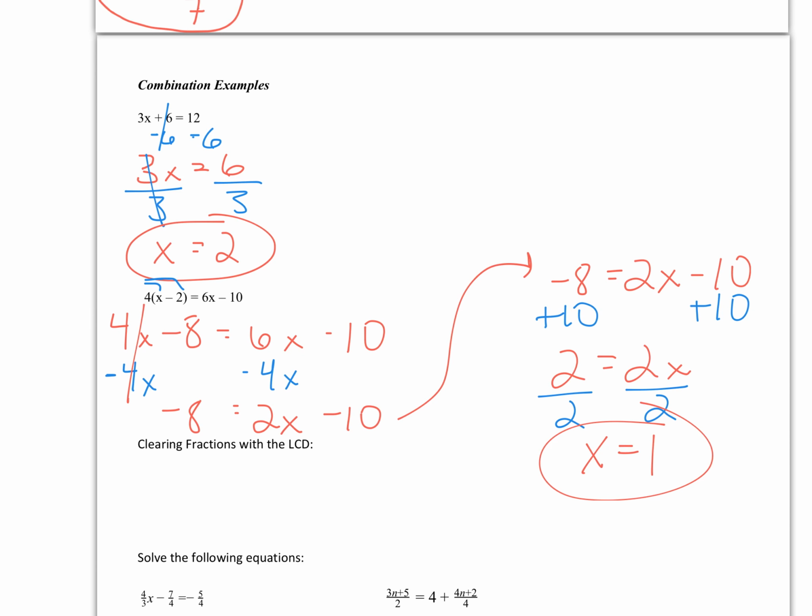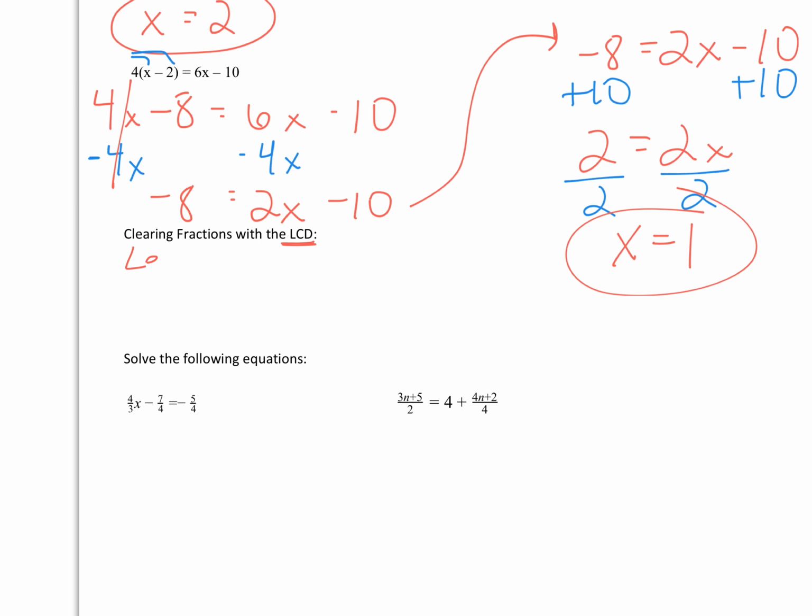If we define how to what's called clear a fraction with the LCD, hopefully we remember that the LCD stands for the least common denominator. In other words, what's the common value that we can multiply to in the bottom of the fraction, the denominator?